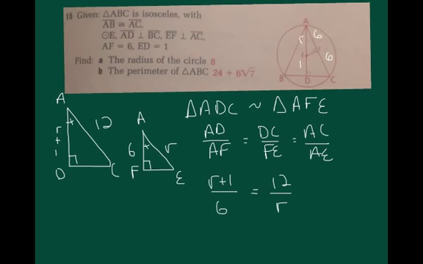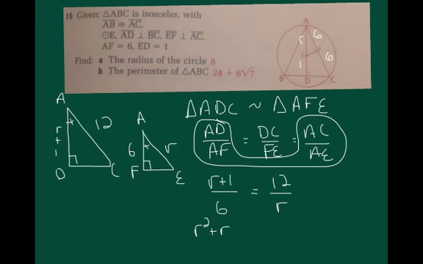Triangle ADC is similar to triangle AFE. In drawing the triangles, I can set up the proportion that AD over AF equals AC over AE. When I plug in my values, I see that R plus 1 over 6 equals 12 over R. If I cross multiply this proportion, I get R squared plus R equals 72.